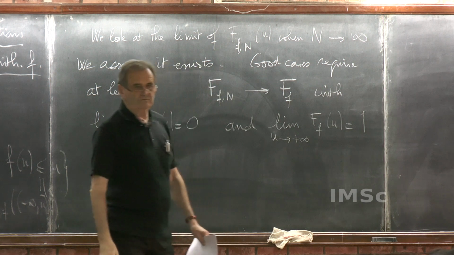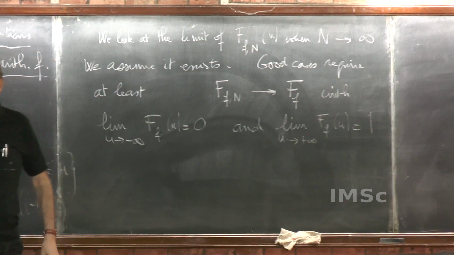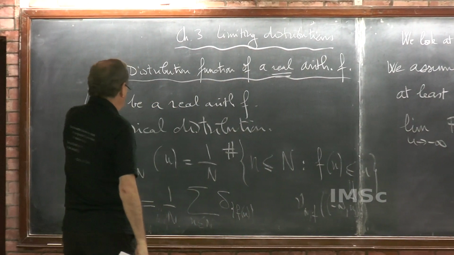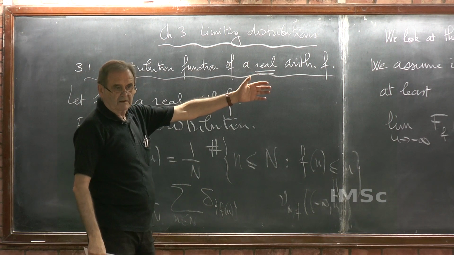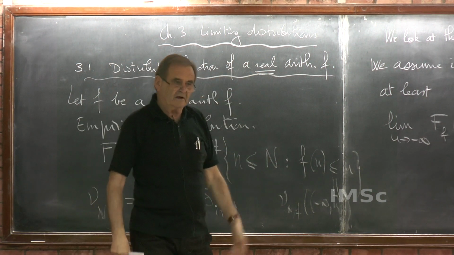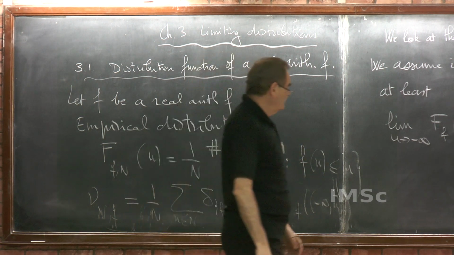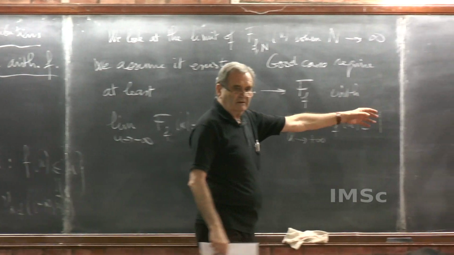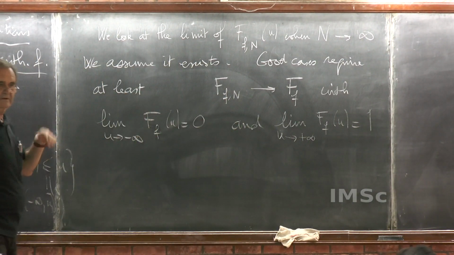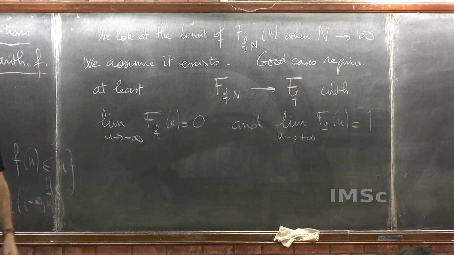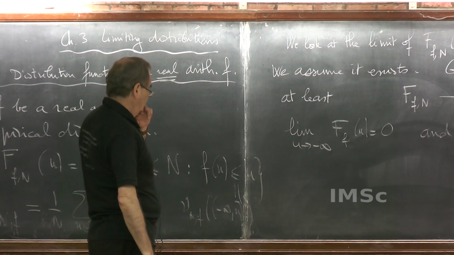So you don't lose too many elements. Of course, if you assume that your arithmetic function is bounded, then this will be the case. But we don't ask that it is bounded. There may be some large values, but not too many going to plus infinity. This will be a set of density 0 if it tends to infinity, and the same thing for minus infinity. So this is what you assume.